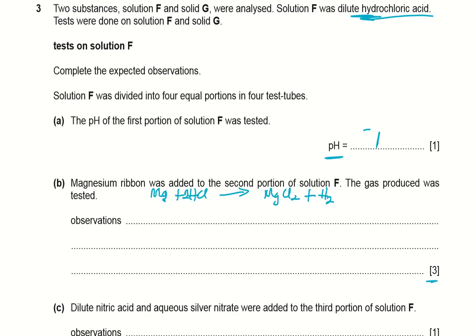So hydrogen gas is released. If a gas is released in a particular reaction, what's the basic observation? You see bubbles form. Bubbles will be formed, or you describe that as the solution fizzling, or as effervescence.